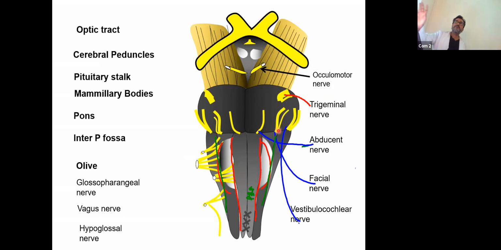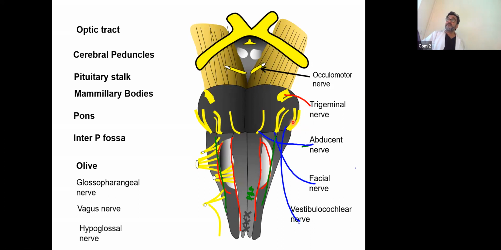So mainly facial nerve is a motor nerve which supplies muscles of facial expression. It also has parasympathetic component. It supplies the submandibular, sublingual, and the lacrimatory gland.